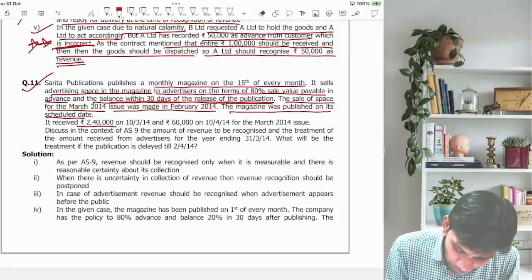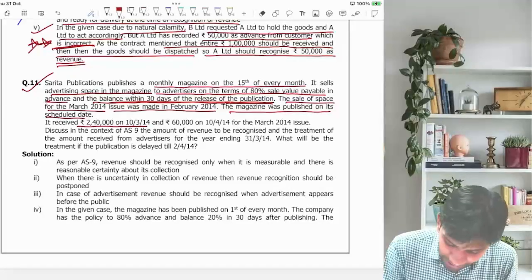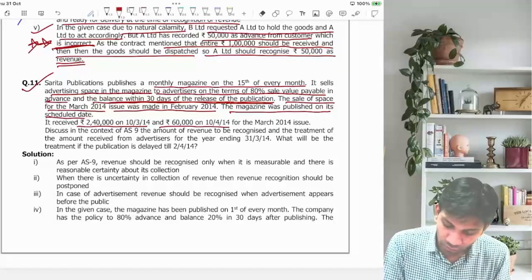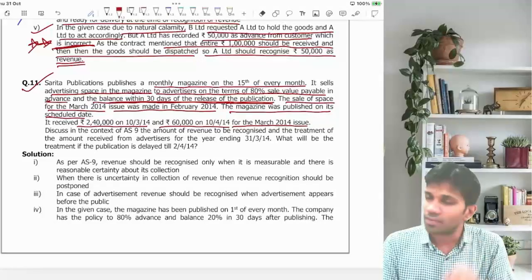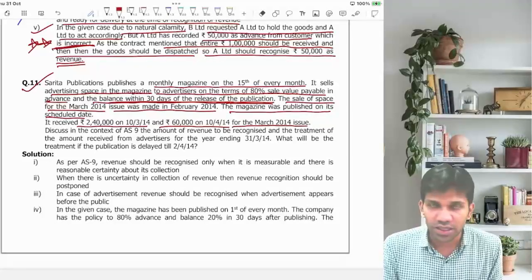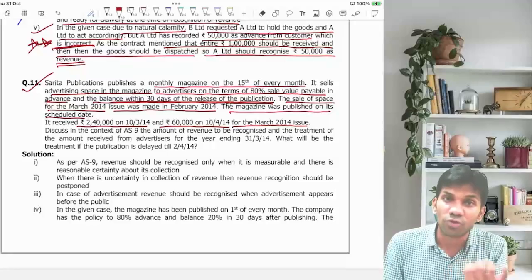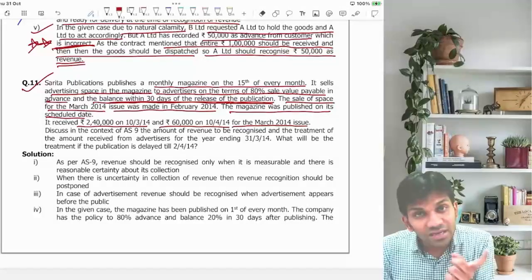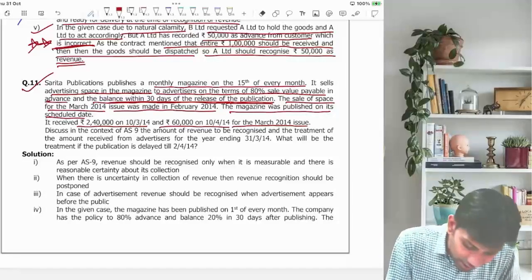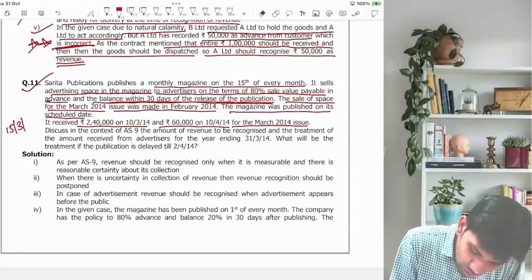It received 2,40,000 on 10th March 2014 and 60,000 on 10th April 2014 for the March issue. So for the month of March, the company received 2,40,000 on 10th March, that is before the date of publication, and the balance 60,000 within 1 month from the date of publication, which was 15th March 2014.